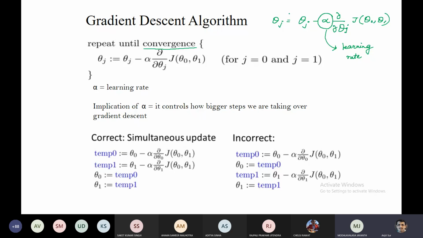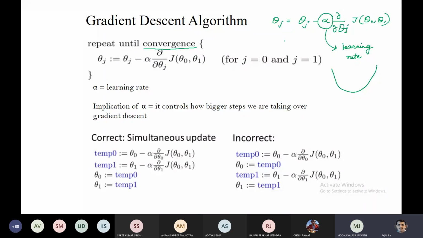Now we'll show later how geometrically this α affects the algorithm. But the main implication of α is that it controls how big the steps are that we take over the gradient descent. You can see in the next slide a single dimensional error surface.